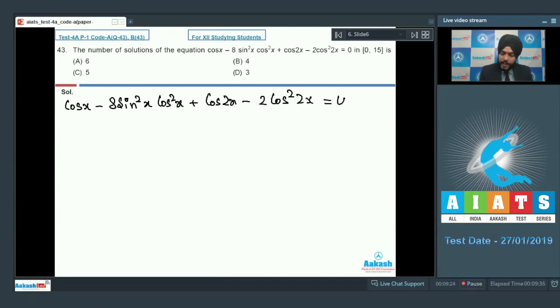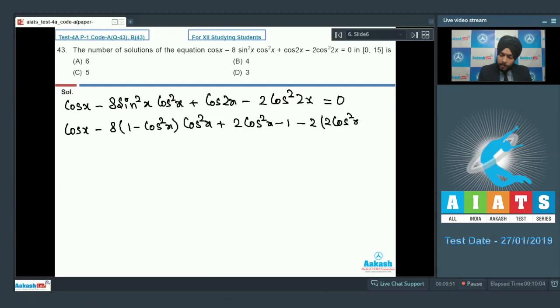We know that we can easily convert cos 2x into cos square x, also sin square x into cos square x. So let us do it. Convert everything possible into cos of x or its higher powers. So cos x minus 8 into 1 minus cos square x into cos square x plus 2 cos square x minus 1 minus 2 into 2 cos square x minus 1 whole square equals 0.